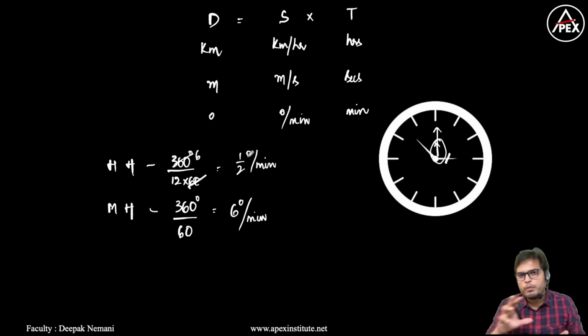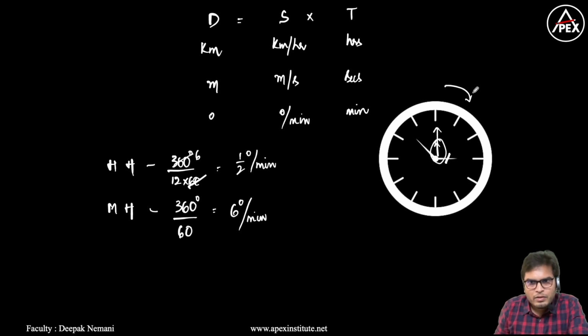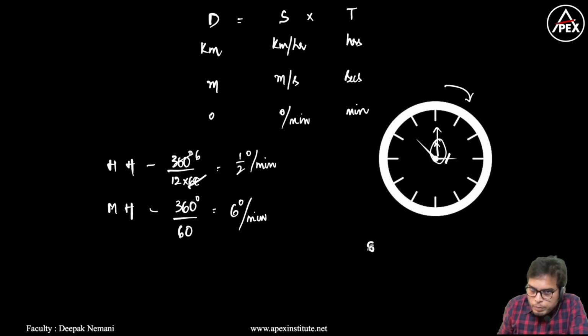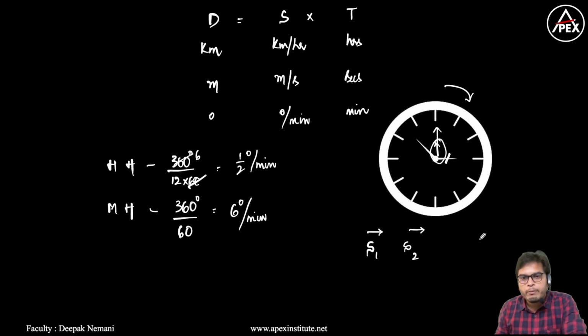Now if you observe, both the hands of a clock will be moving in the same direction, clockwise, and minutes hand is having greater speed compared to hour hand. Now let us determine the relative speed of minutes hand with respect to hour hand. When we have two objects moving with speeds s1 and s2 in the same direction, the relative speed between them will be s1 minus s2.